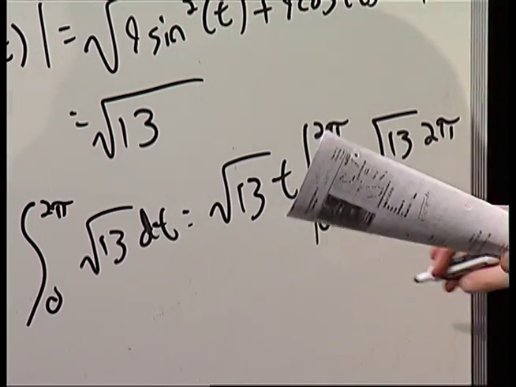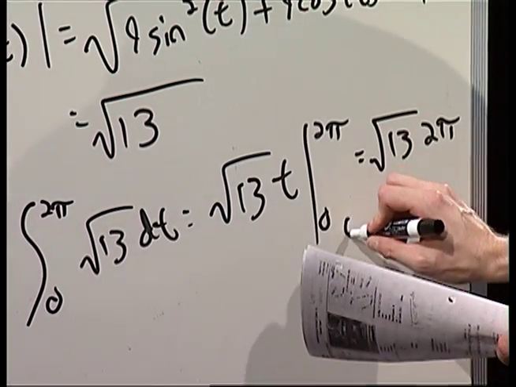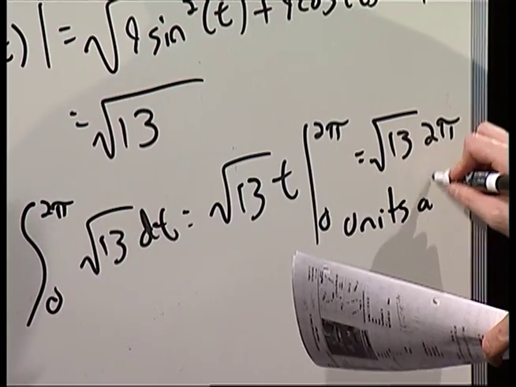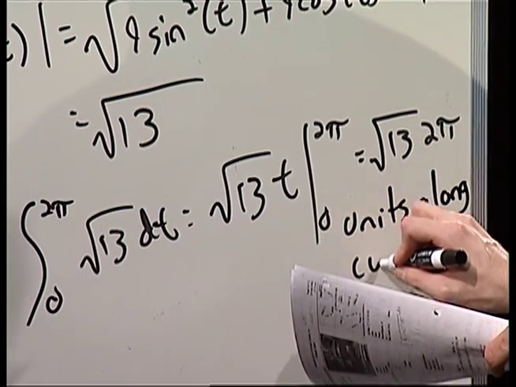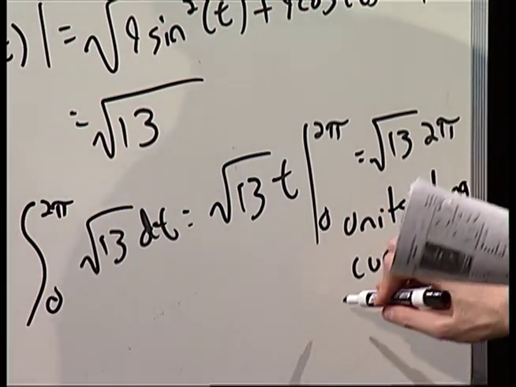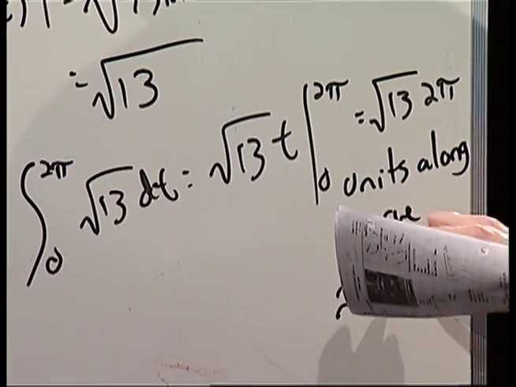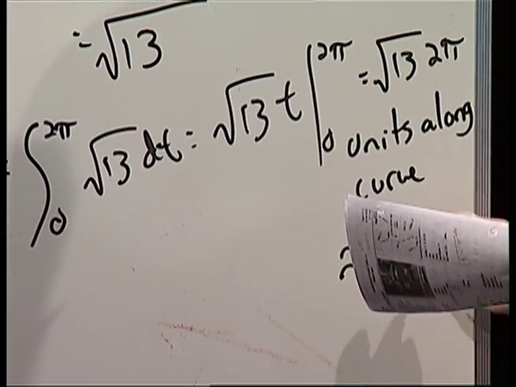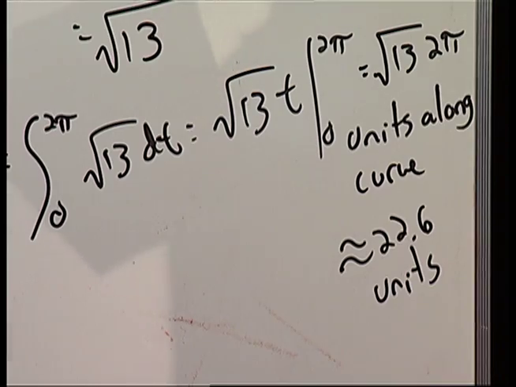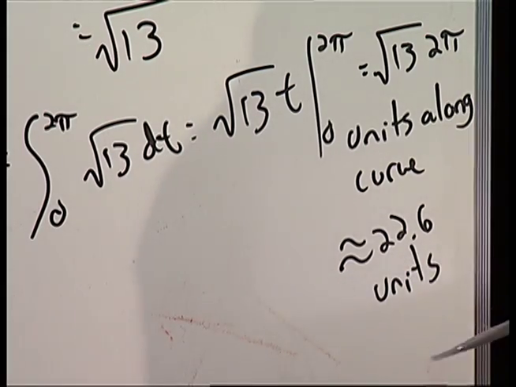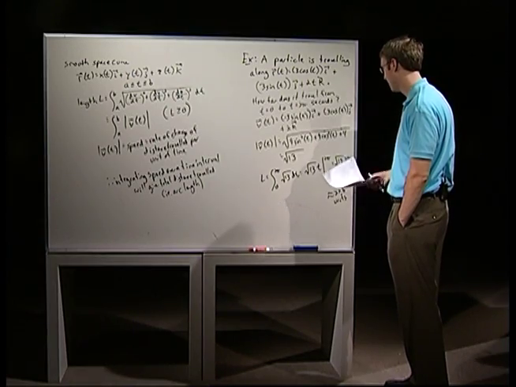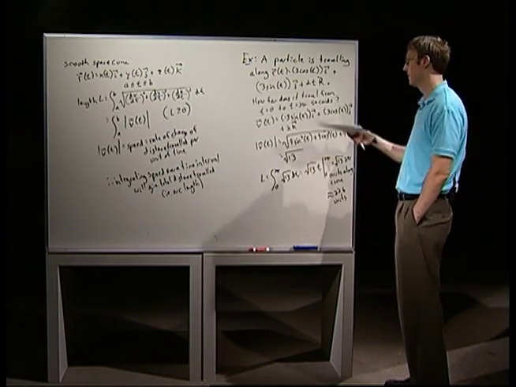It doesn't matter, though. So this is whatever it is. This is units along the curve. And that should be about 22.6, theoretically, if this is all right. Yeah. So there you go. There is how far it's traversed from this time to that time.